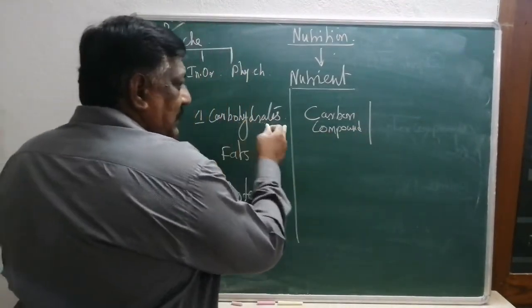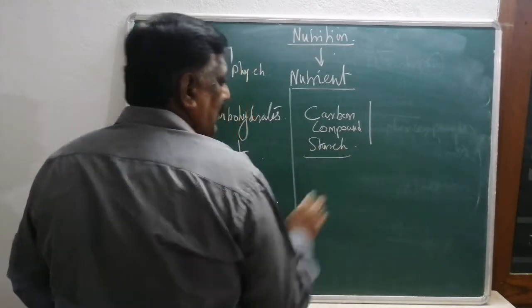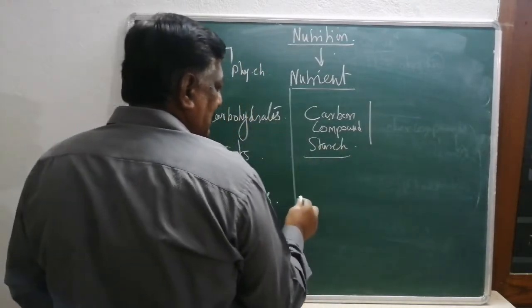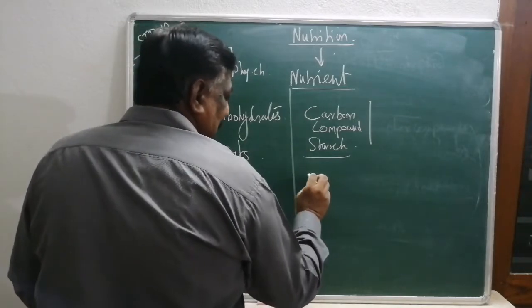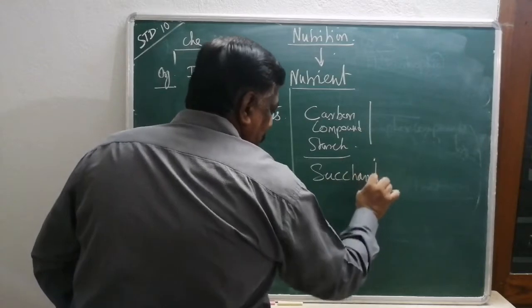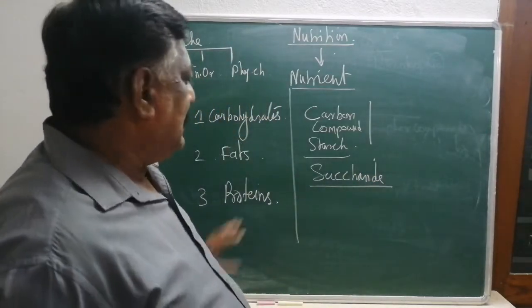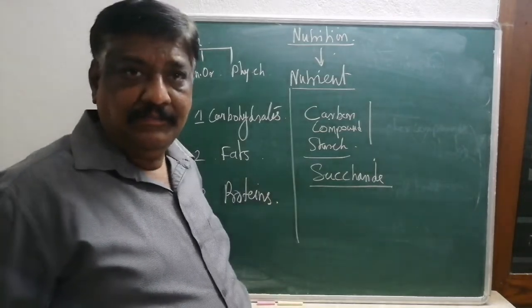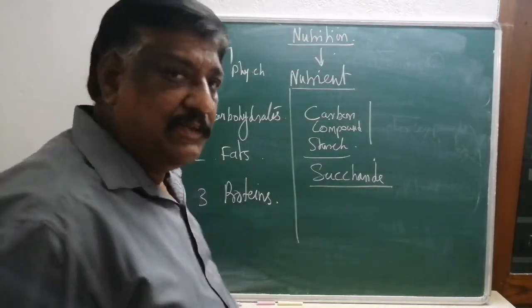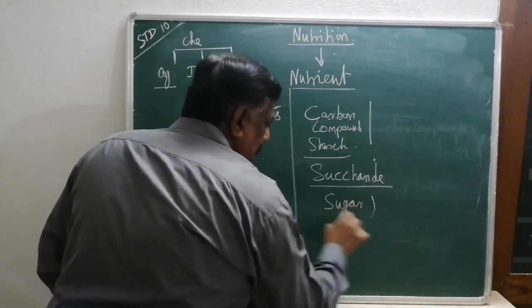Yes. Now carbon compound. So the food is prepared in the form of starch, I said. Okay. The starch is nothing but saccharide. Saccharide is a Greek word. You know the meaning of this Greek word? Saccharide means sugar.